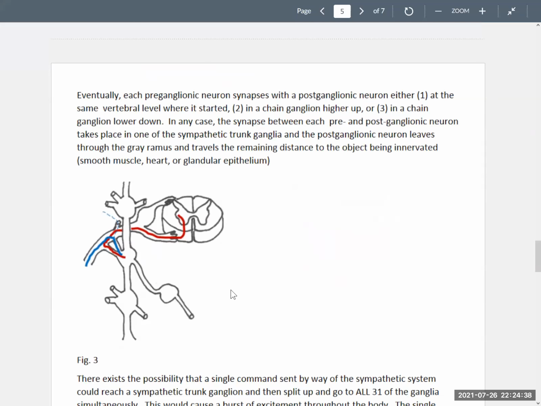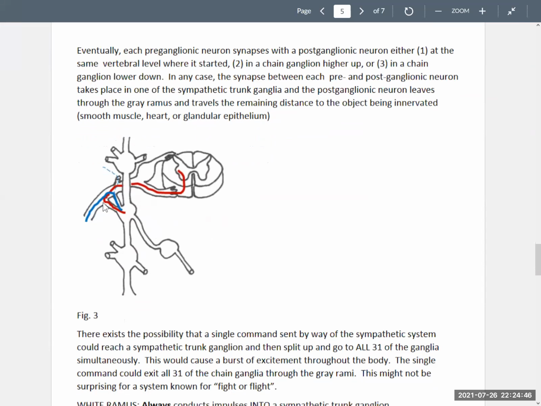This shows two ganglia, the preganglionic neuron here. It enters into the white ramus, and this one immediately synapses, goes up, and then back out.